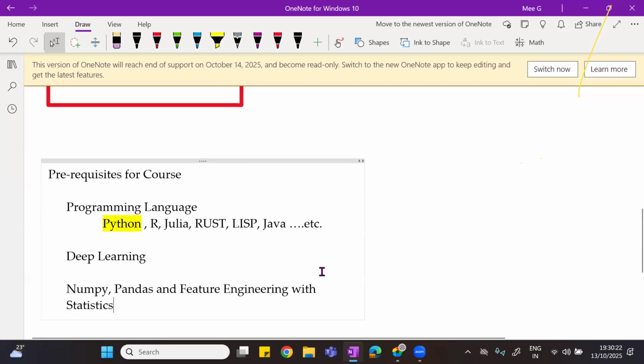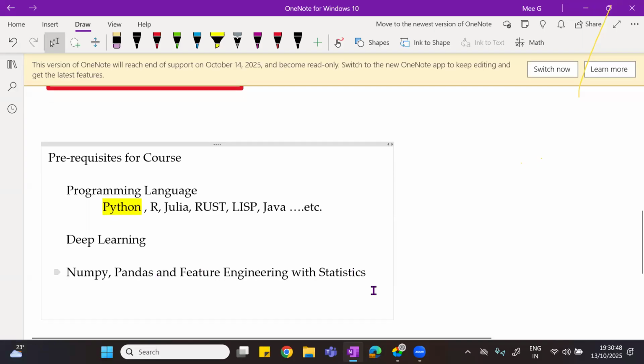Very little statistics, because we are not going to implement machine learning here. Machine learning requires a lot of statistics. For us, we don't require so much. For feature engineering we require a bit of statistics, which we will do while doing that feature engineering, NumPy and Pandas.